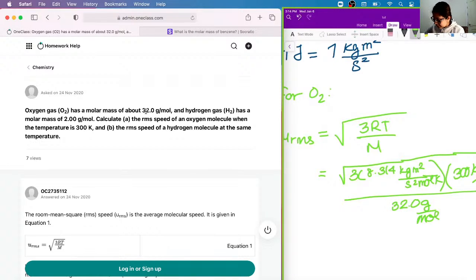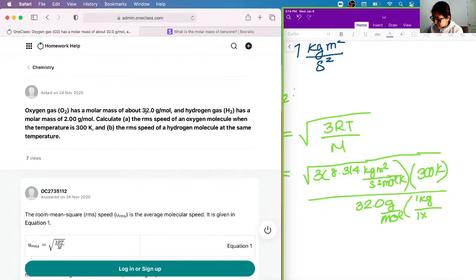Keep in mind we're using kilograms per mole in this case, so we have to convert this unit into kilograms, right? So the conversion is 1 kilogram over 1,000 grams.